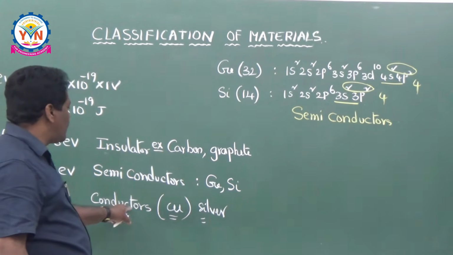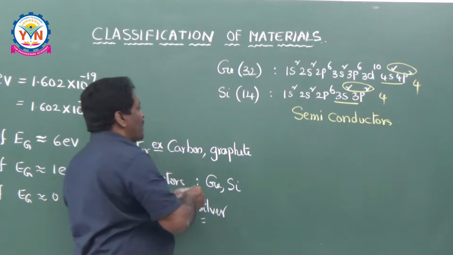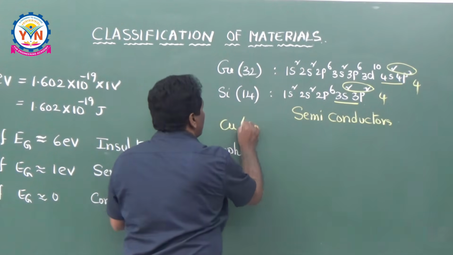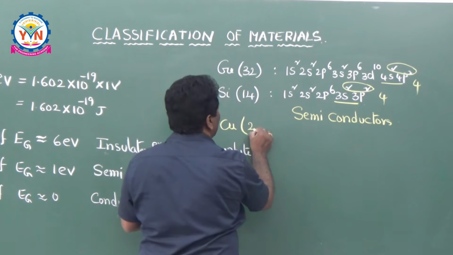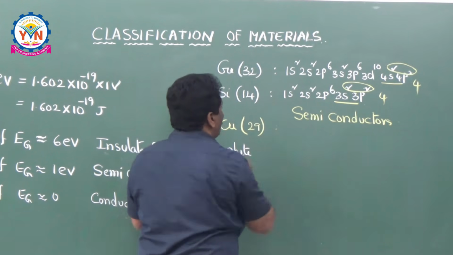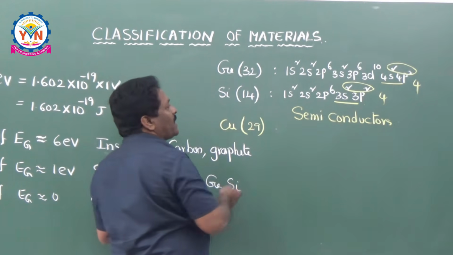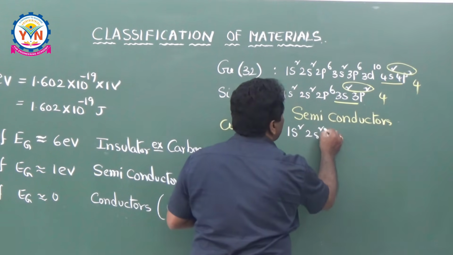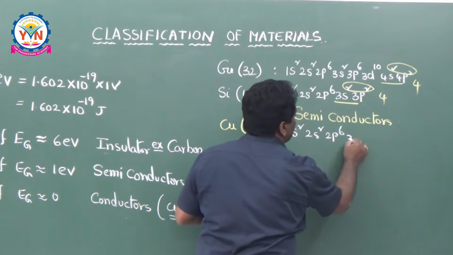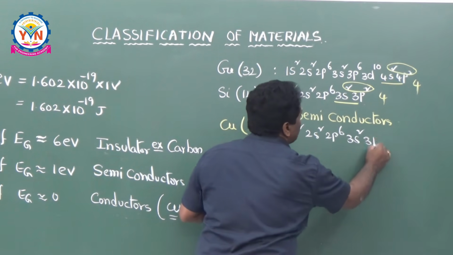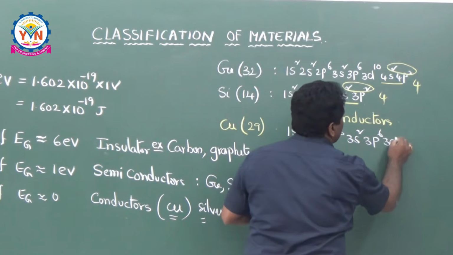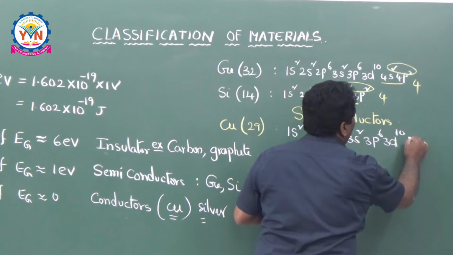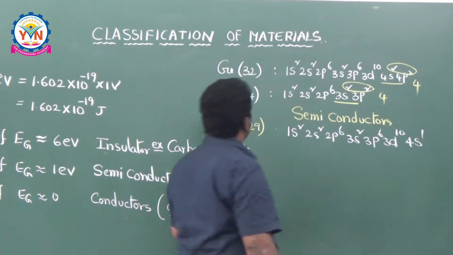Coming to conductors, for example copper, the atomic number is 29. So for copper I can say 1s2, 2s2, 2p6, 3s2, 3p6, 3d10 and 4s1.